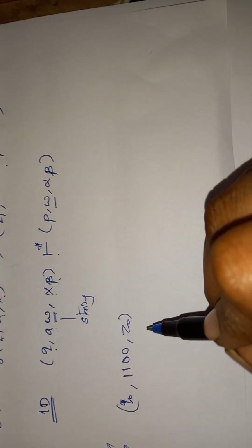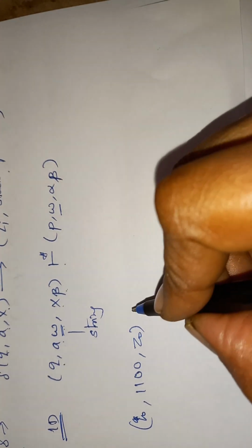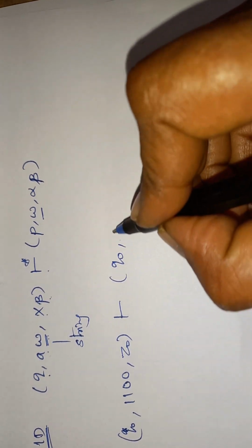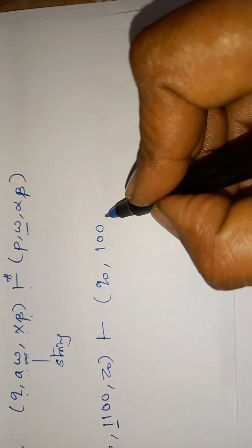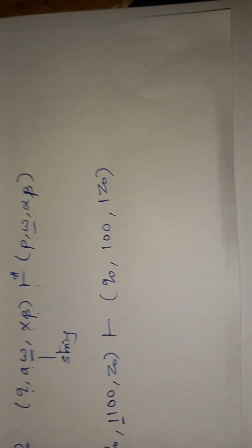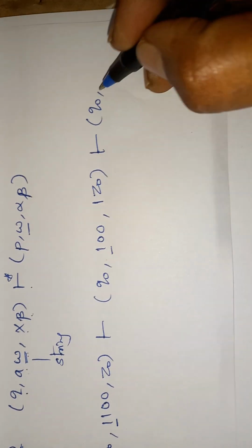Now how to write the instantaneous description here? This is the methodology we have to follow: turnstile, then Q0, on reading 1 first, the remaining string is specified, and what is the stack operation? 1 will be pushed onto Z0, right? And again Q0, on reading the next 1, what will be done?